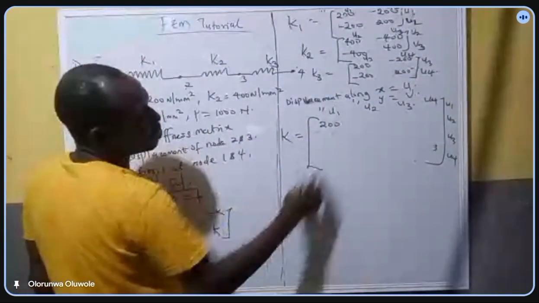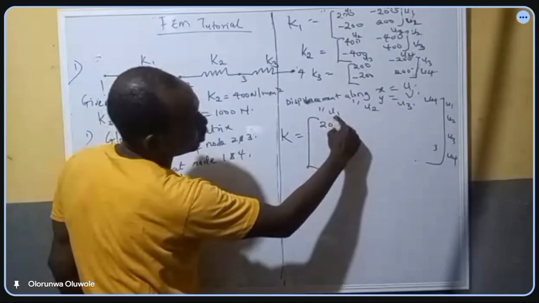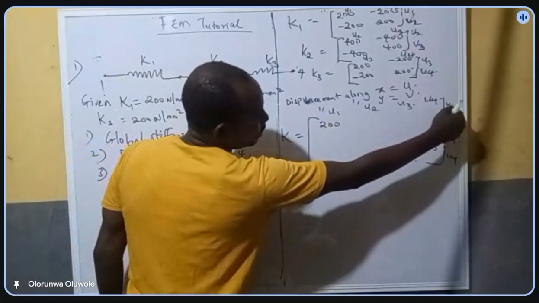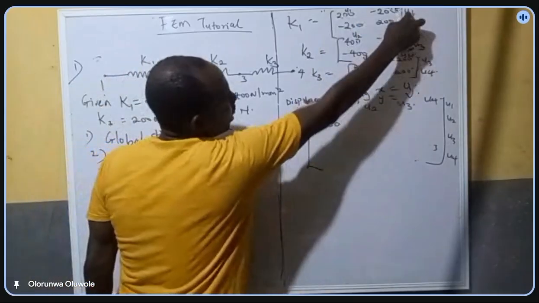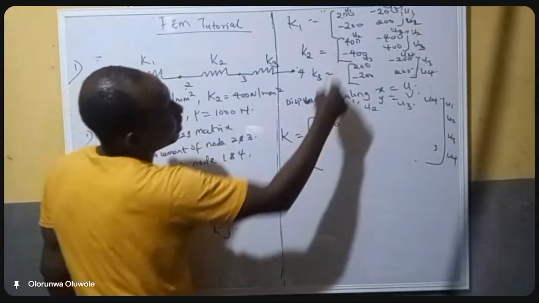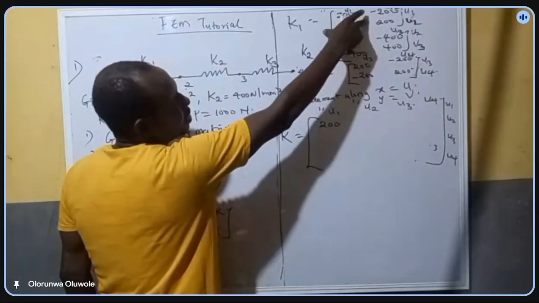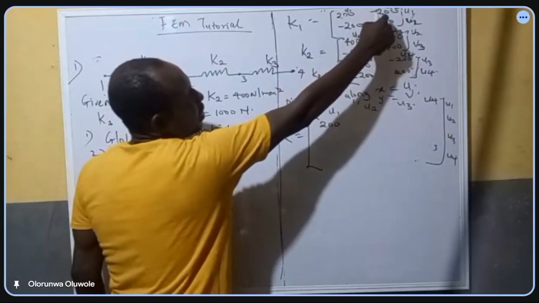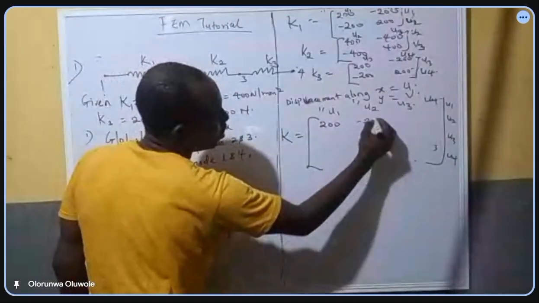So combining them together, you write U1, U2, U3, U4, then U1, U2, U3, U4. U1, U1, 200. Then U2, U1, you come to your stiffness matrix here. U2, U1, you have minus 200.